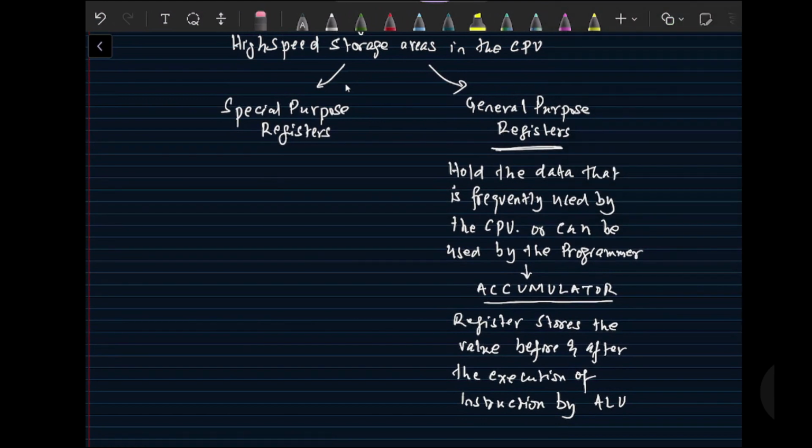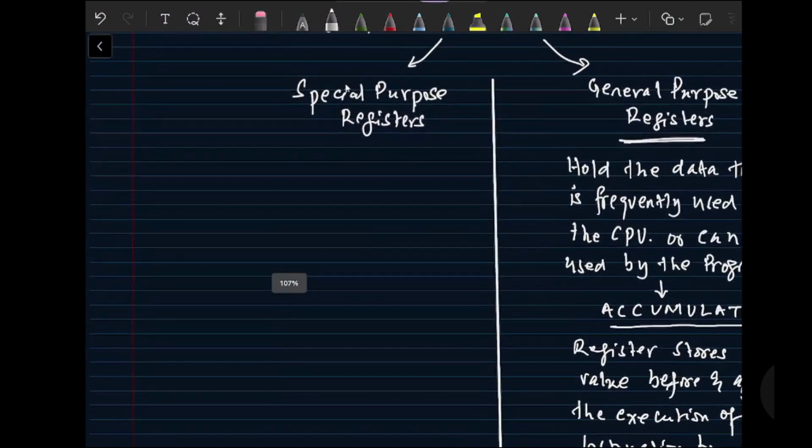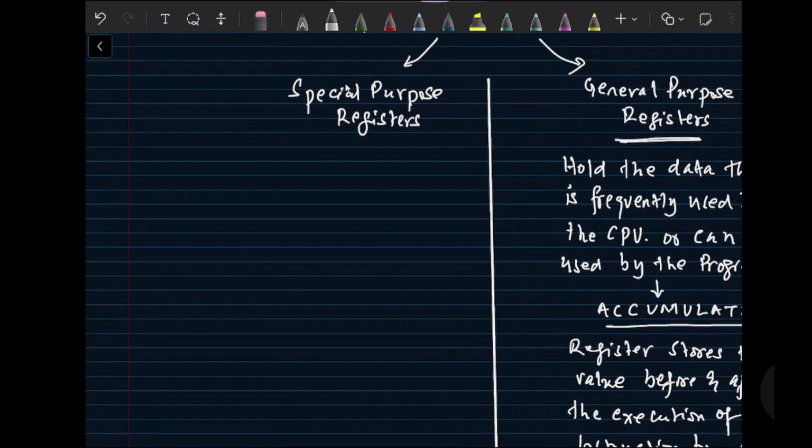Then the special purpose registers. What is their job?